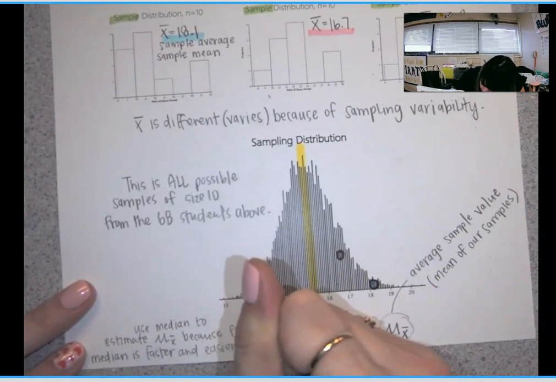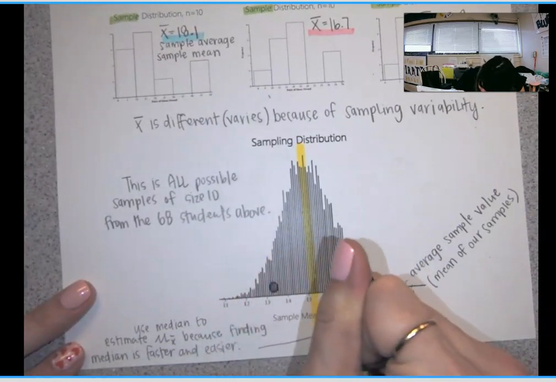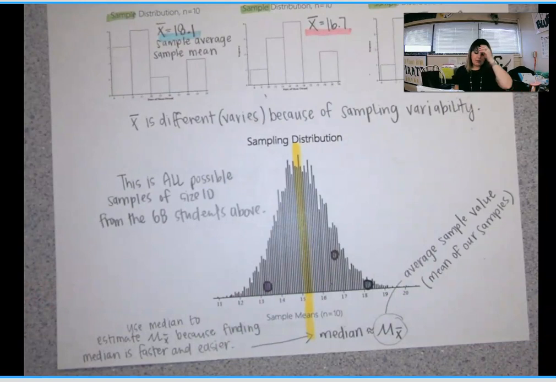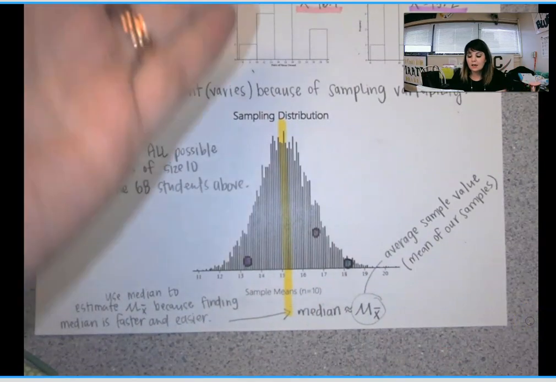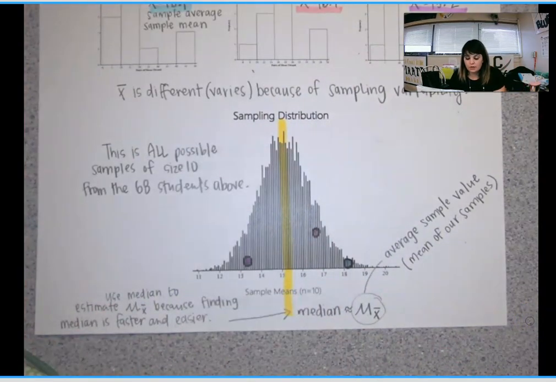So we are using the median to estimate our average sample value because it's faster and easier than adding up thousands of sample values and dividing.